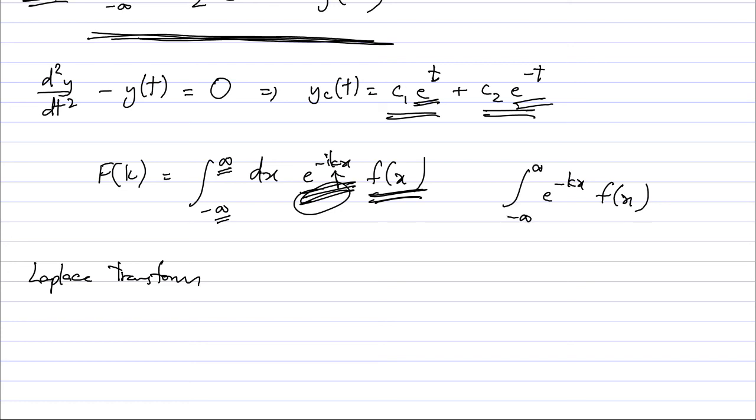This is not the Laplace transform, but it's something similar to the Laplace transform. Then I can expect that for a much broader range of functions the Laplace transform will exist, and then we can probably find the full solution to your differential equation. So next video, Laplace transform.